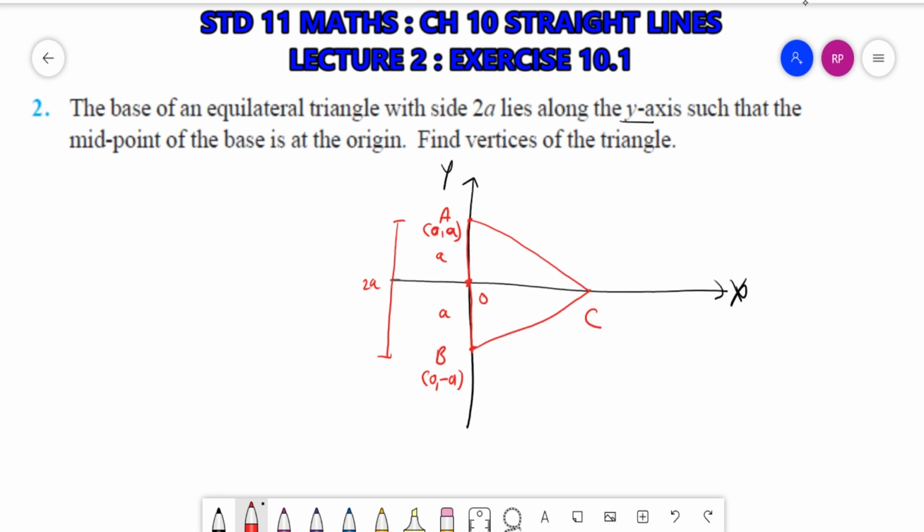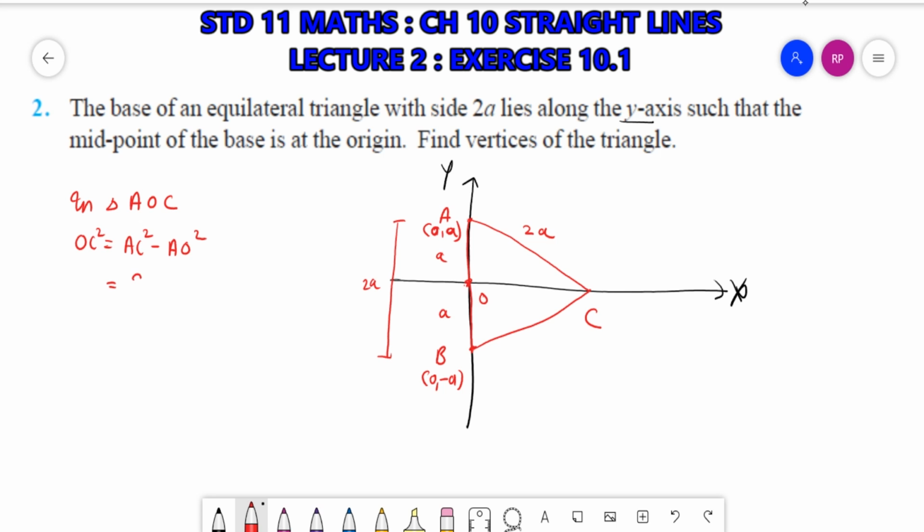Okay, now for C. As it is an equilateral triangle, length AC will also be equal to 2a, and AO is a. So now in triangle AOC, OC square, I can write, is the hypotenuse square minus the base square, that is AC square minus AO square.